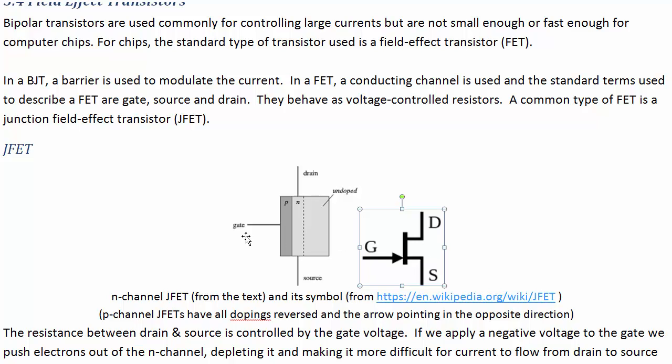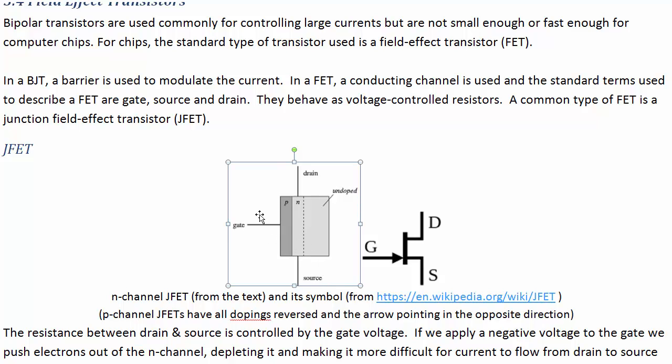If you were to apply a positive gate voltage, you'd have more negative charge carriers piling up in this region, which makes it easier for electrons to flow from source to drain. But that would forward bias this junction, so that's actually not what you do.